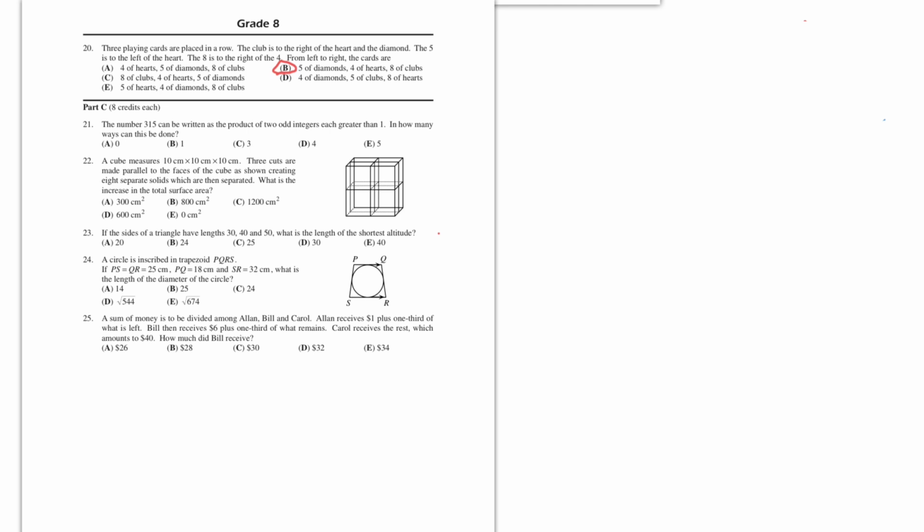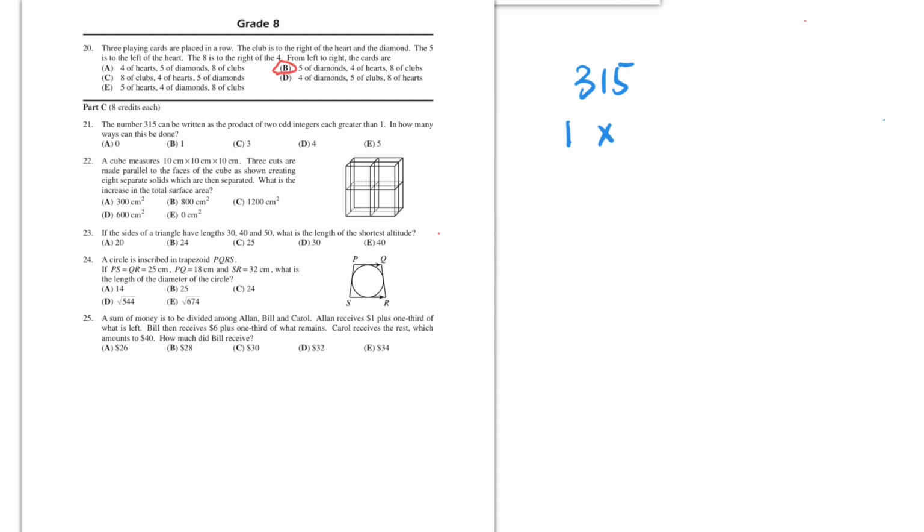Number 21. The number 315 can be written as the product of 2 odd integers greater than 1. In how many ways can this be done? Now we do the 315. We just need to find the factors of 315.